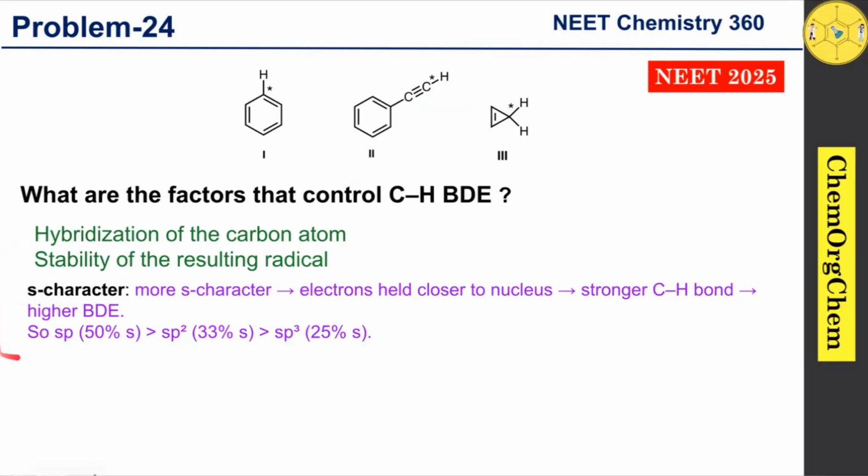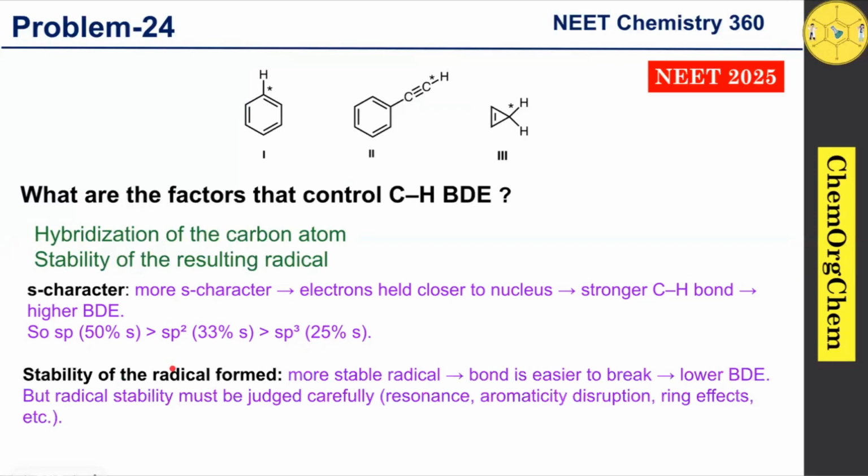For example, if the hybridization is sp, there is 50% s character, which means that we need to give more energy to break that CH bond. In case of sp3 hybridization, only 25% s character is present. Therefore, if you give the least energy, we can break that CH bond. Let's move on to stability of the resulting radical.